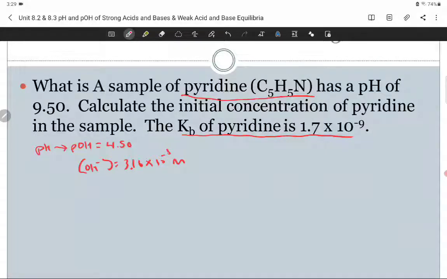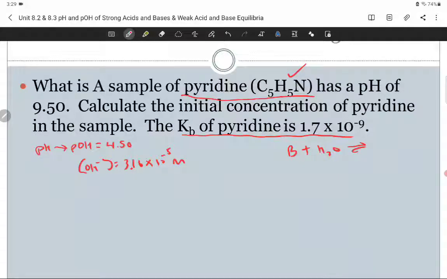That says 5 there. And why is that important? Because we have our base plus water. You could write it whatever way you want it here. You could write the C5H5N. You could write it in your head if you wanted.